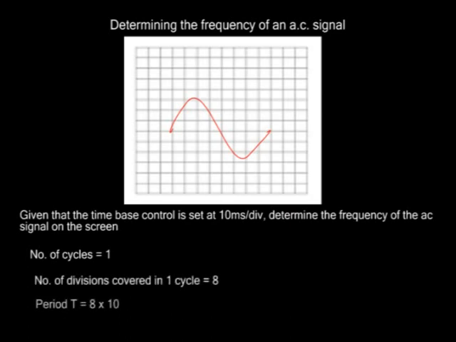So period t is equal to 8 times 10, which is equal to 80 milliseconds. 80 milliseconds divided by 1000 to give seconds, we get 8.0 times 10 to the power negative 2. Frequency is 1 over t, and if we divide that, we get 12.5 Hertz.